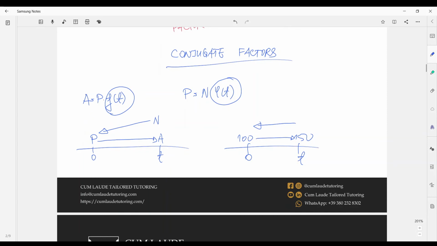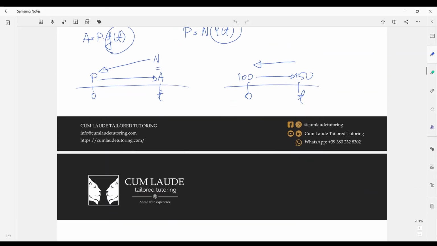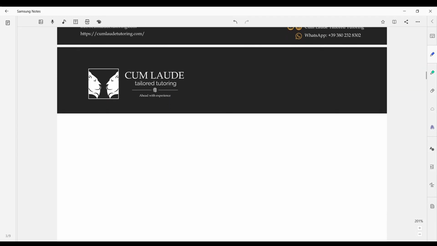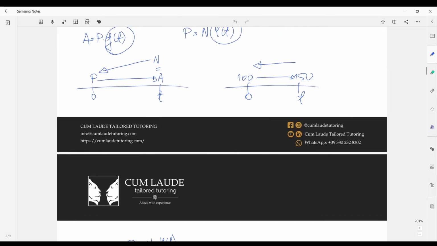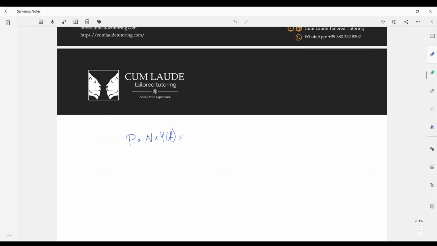Okay, now if everything is the same and the only thing that's different is the point of view, what I can then say is that N is the same as A, right? So let's use this conclusion and come to another important conclusion. If I know that the present value is equal to N times phi of t, and N is the same thing as A in the same process, the only difference being the point of view, then instead of N I can write A. So it follows that P is equal to A times phi of t.